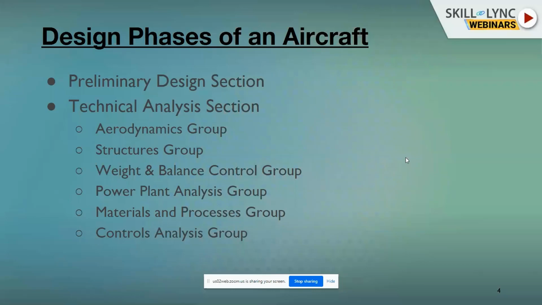In the technical analysis, we think about the various loads and things one should consider. The aerodynamic group is one which concentrates on this. Basically there are four governing members of an aircraft structure. One is the weight of the aircraft, for which we provide engines to move it forward.